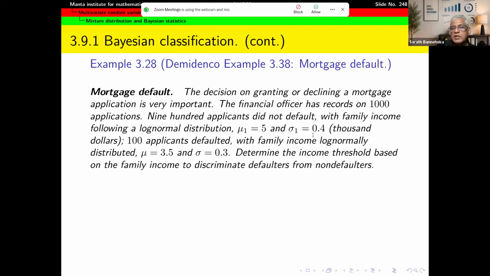So based on that, what is interesting is to classify a new application as whether it will be a default or not. That example was discussed in part one.